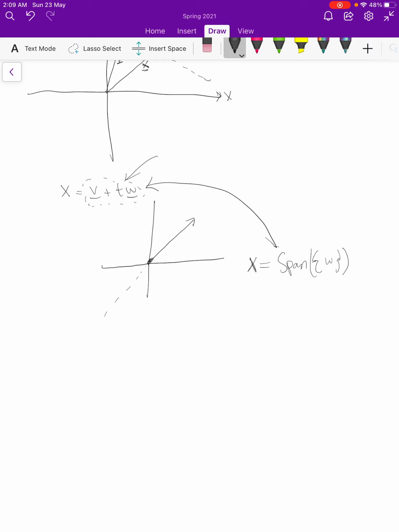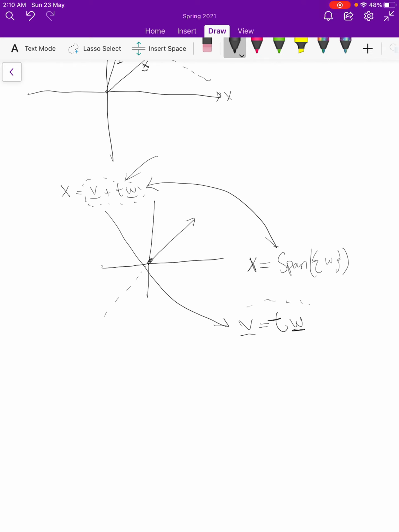Well, the only case it would go through the origin, apart from v equals the zero vector, is if v is some type of scaled vector that is also in the w direction. It's a scalar multiple of the w vector.